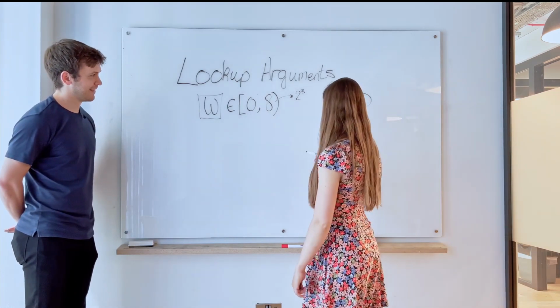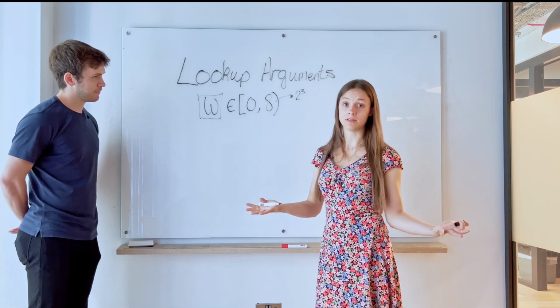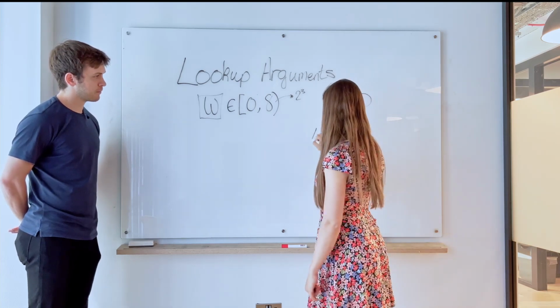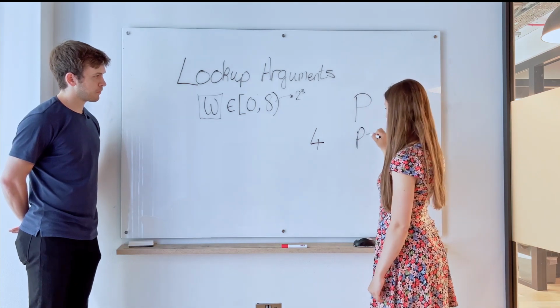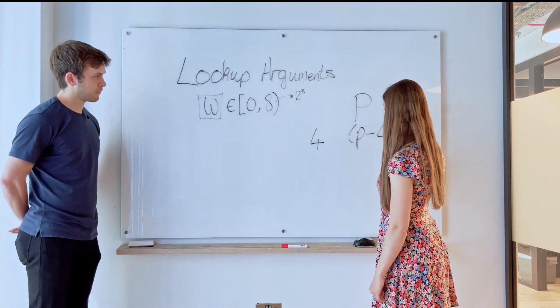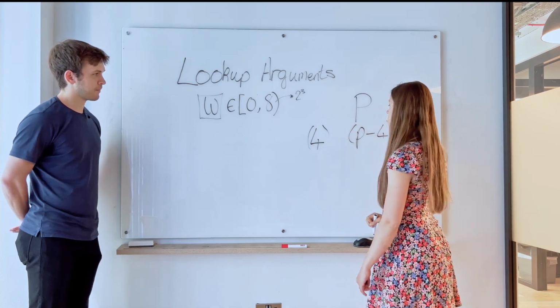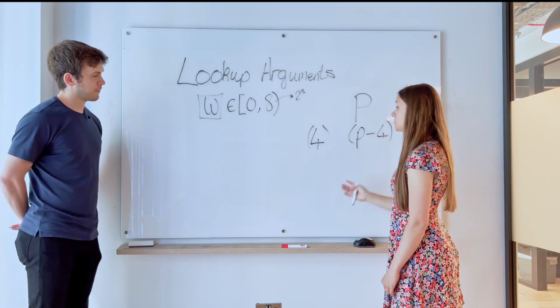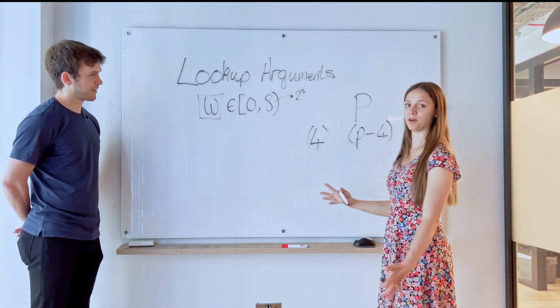What I mean by this is that if you have inverses. If you have the number 4, then it is certainly the case that P minus 4 exists. So what you would do with a range proof is you would say that W is not in fact equal to P minus 4 because it's out of range.